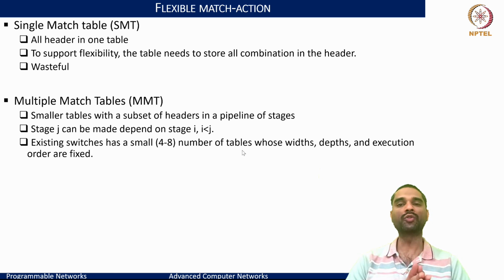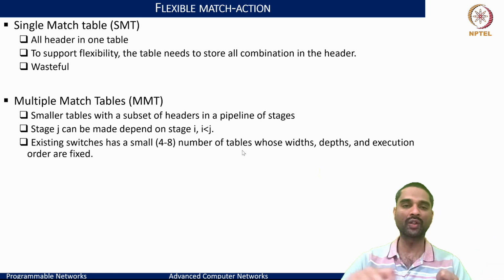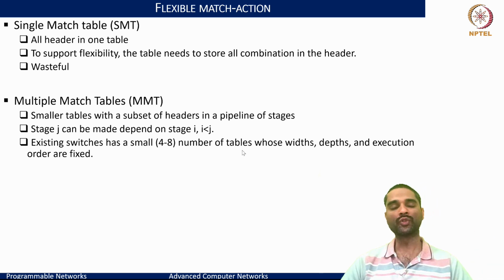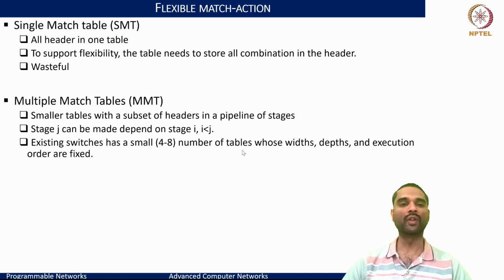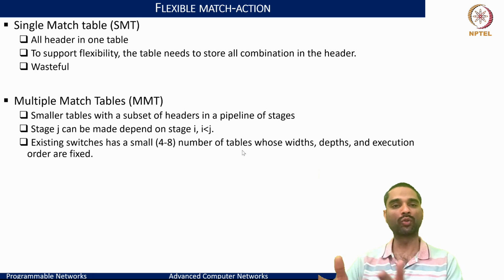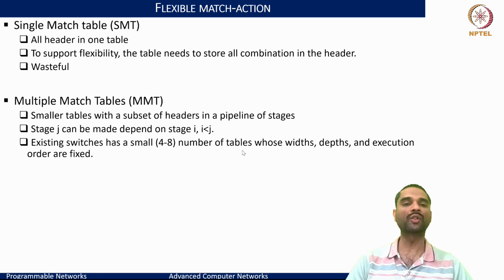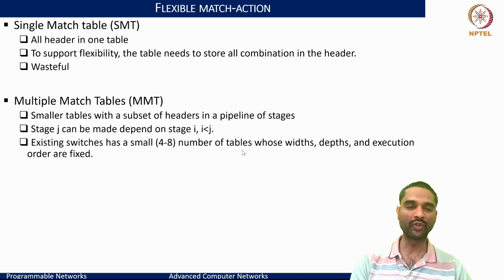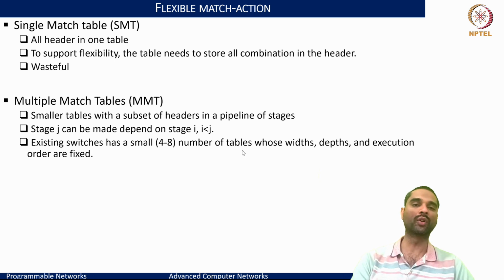So you need to store all the combinations of the headers and see which entries would match and then process. And of course, you can see that this is going to be wasteful, in the sense that you're going to populate so many entries, like n bits would correspond to 2 power n entries, and all of the possibilities that you would likely want to match would have to be put in one table.